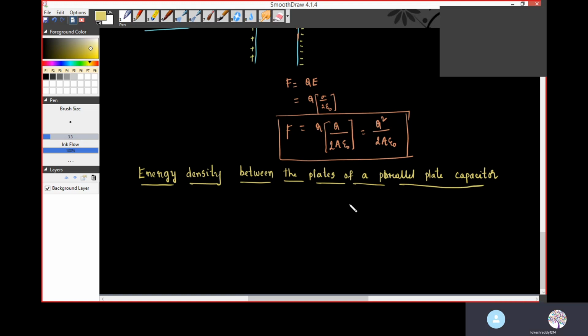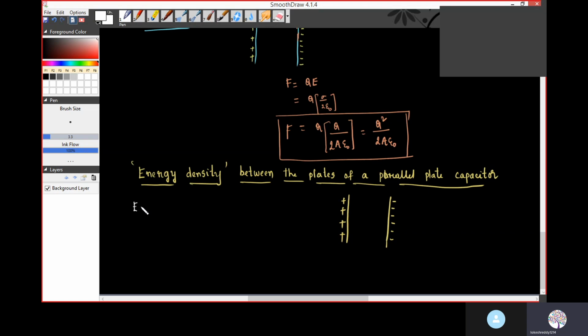Now here this is one positive plate and this is another, the negative plate. Between these I need to calculate the energy density.